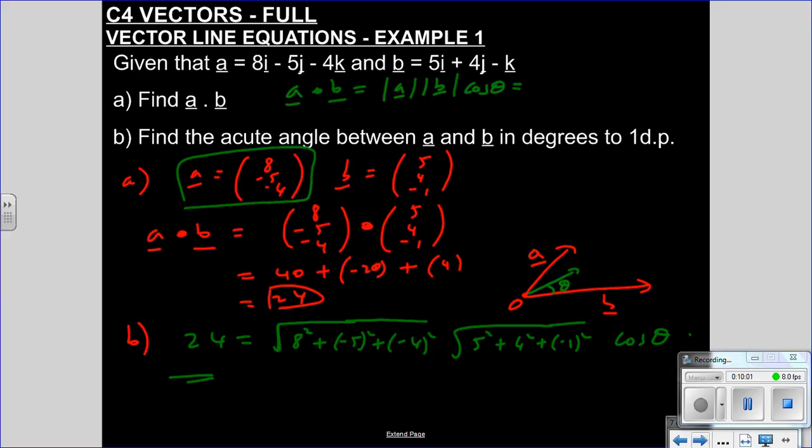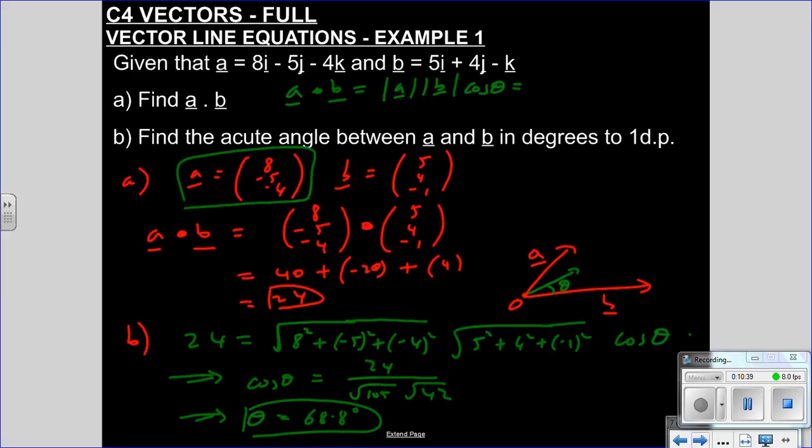So therefore cos theta is going to be 24 divided by the square root of 8 squared plus 25 plus 16, so that's 105, and also our b magnitude, 25 plus 16 plus 1, so that's 42. So therefore, theta is cos to the minus 1 of 24 divided by root 105 root 42, and that gives you 68.8 degrees.